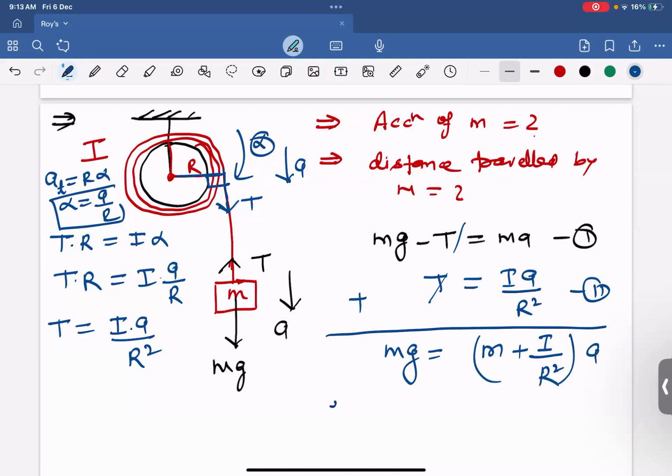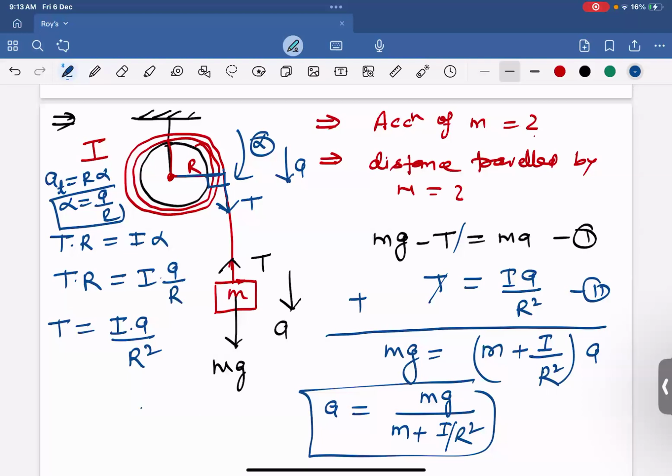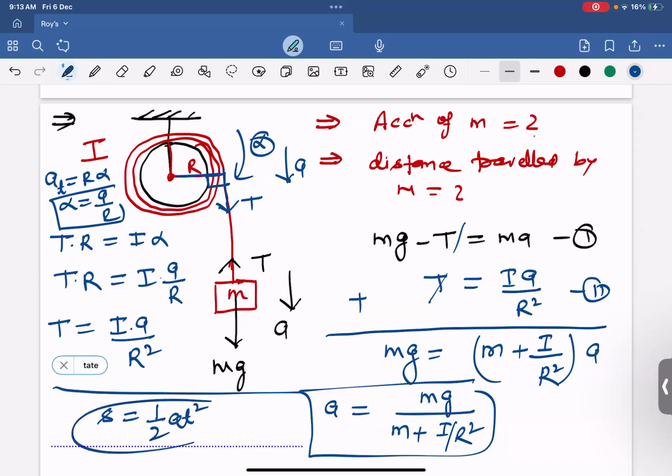So acceleration of the body should be mg divided by small m plus capital I divided by R square. And if you know the acceleration, distance you can find very easily, because it was initially at rest only, so you can use half a t square. That is the secondary thing, but the main step is to find the acceleration. Please make a note, Neil. Yes, sir.